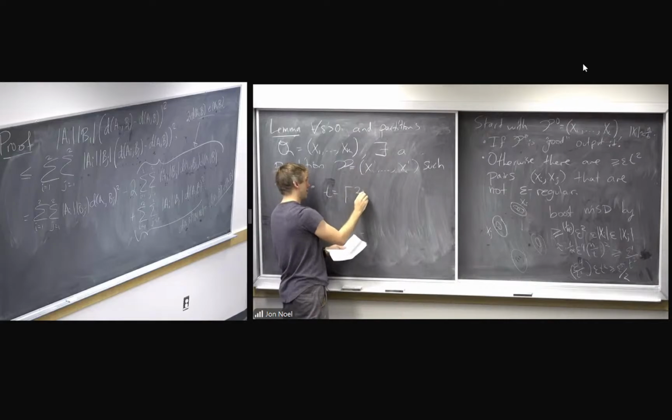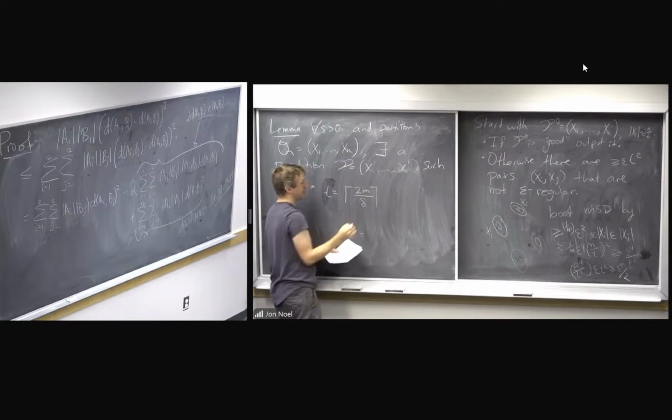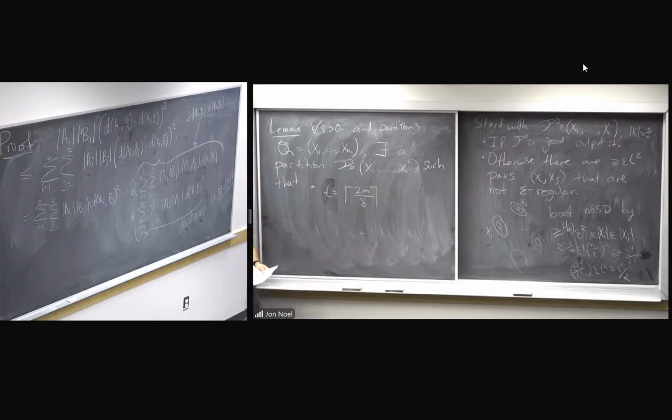Let's say it's at most 2 times the ceiling of m over delta. If delta is small, this is quite a lot bigger, but it's just a function of m and delta.